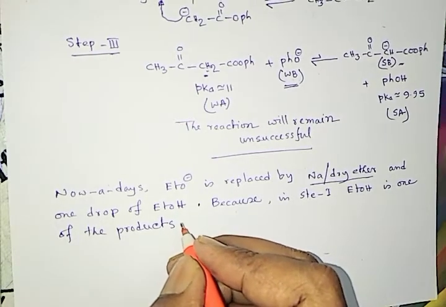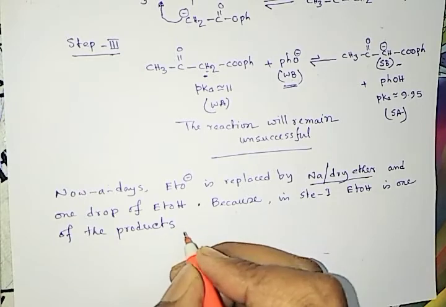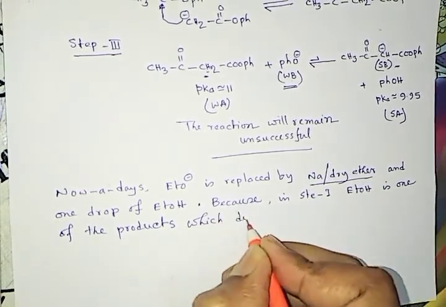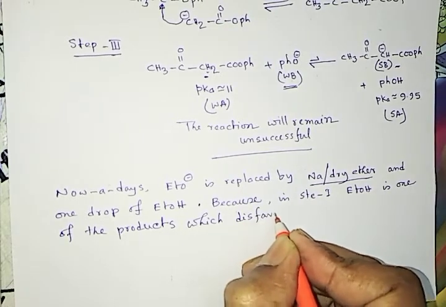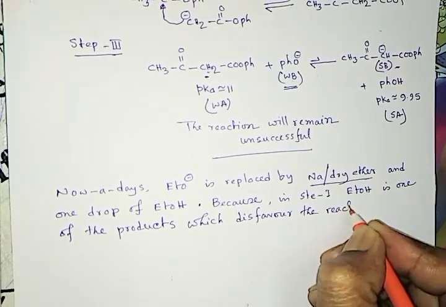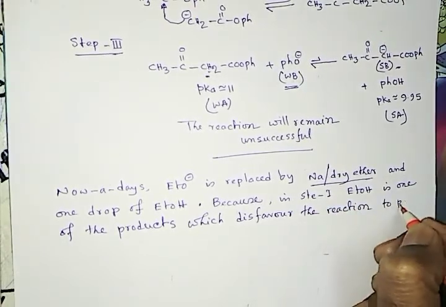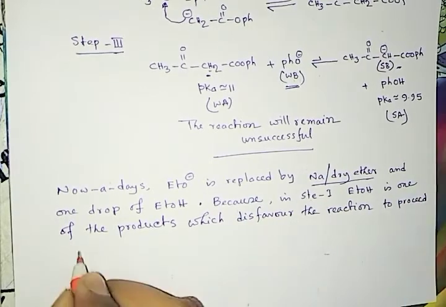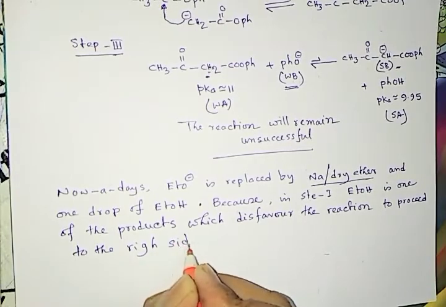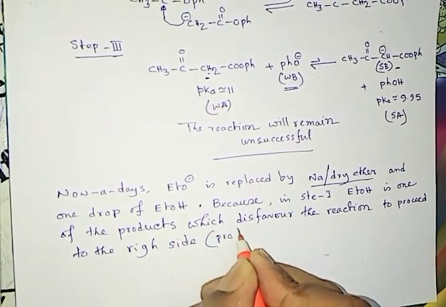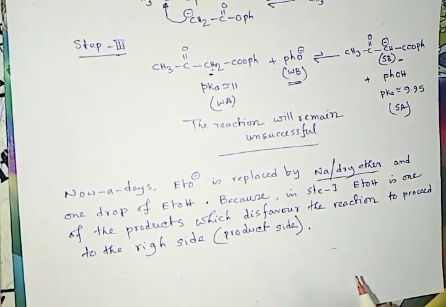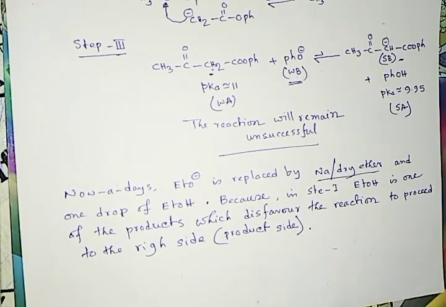When ethoxide is used, ethanol is one of the products which disfavors the reaction to proceed to the right side. Right side means to the product side. This is all about the Claisen condensation reaction.